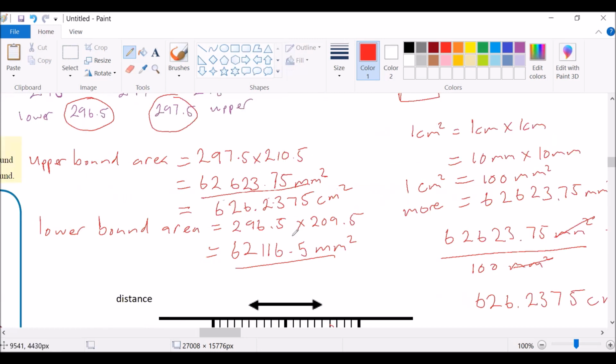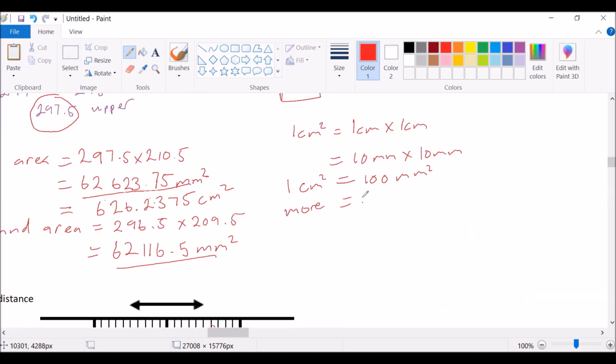For our lower bound area, we will use the same conversion. 62,116.5 square millimeters will be more, since it is more than 100. So our ratio will be bigger number on top of smaller number, 62,116.5 over 100. All these are square millimeters times 1 square centimeter.